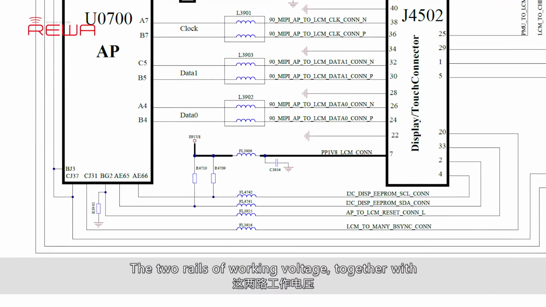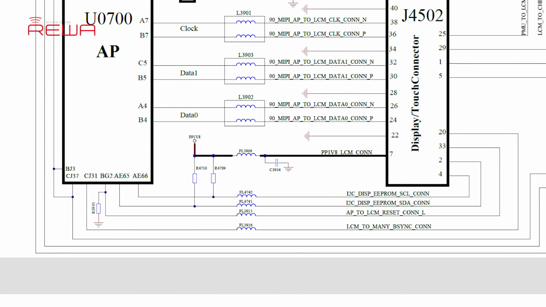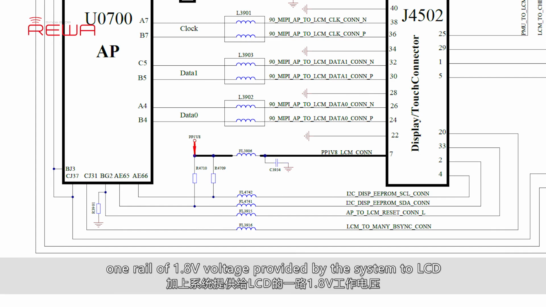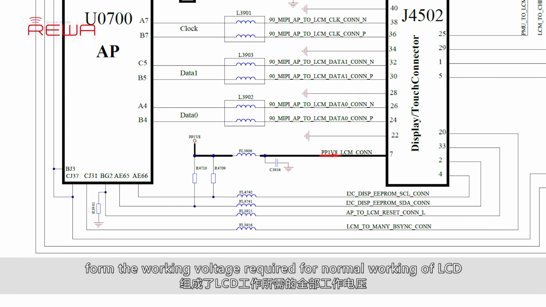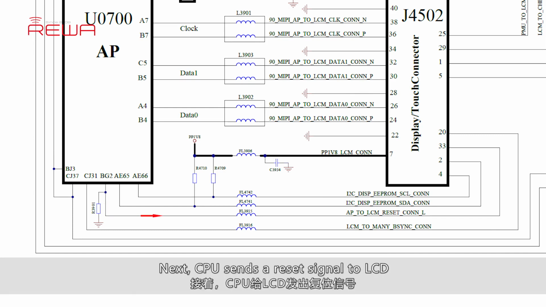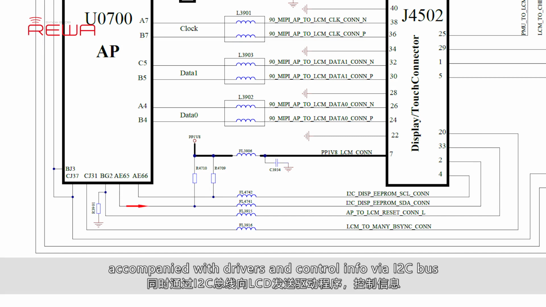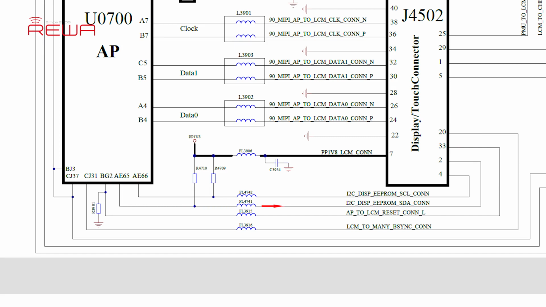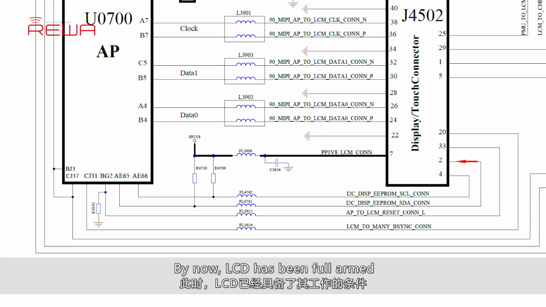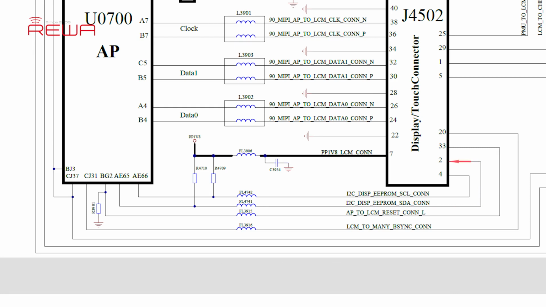The two rails of working voltage, together with one rail of 1.8 volts voltage provided by the system to LCD, form the working voltage required for normal working of LCD. Next, CPU sends a reset signal to LCD, accompanied with drivers and control info via I2C bus, and reads the device info of the screen. By now, LCD has been fully armed and is well prepared for work.